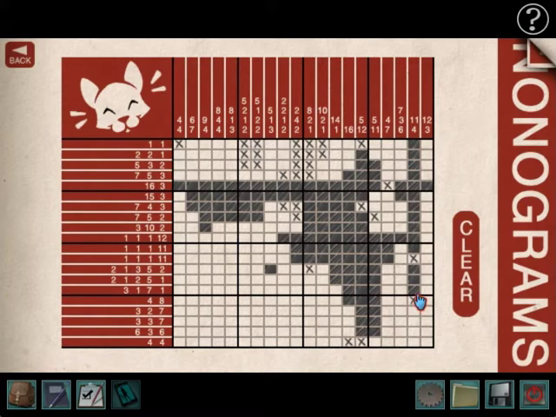So, let's see here. The maximum for the 11 would be 5, 6, 7, 8, 9, 10, 11. Okay, so basically everything from there to there is safe. Pretty much. I don't see how that's not safe.